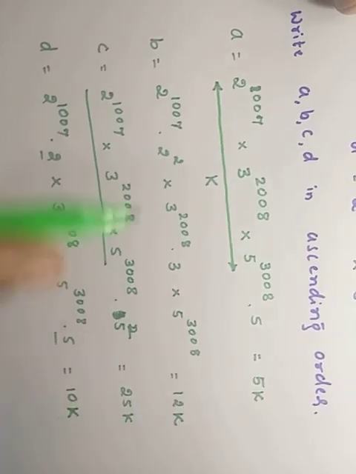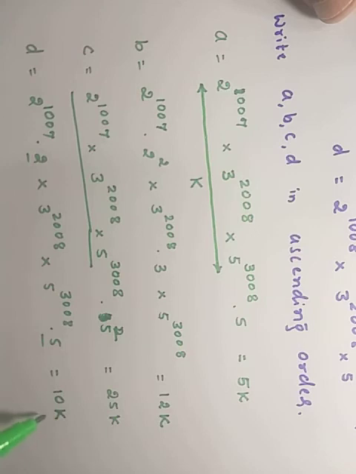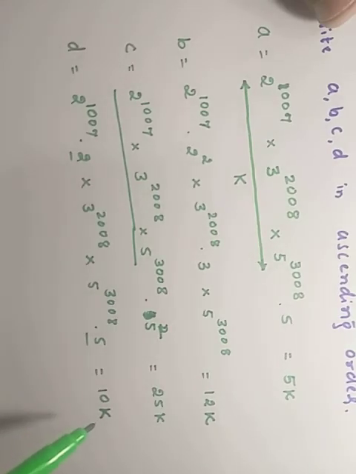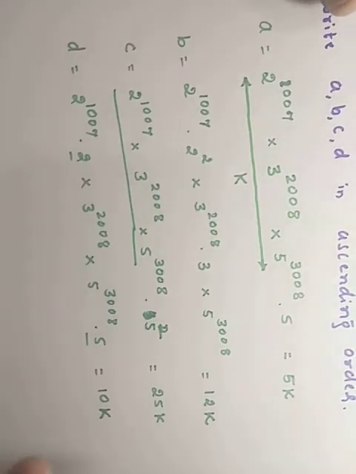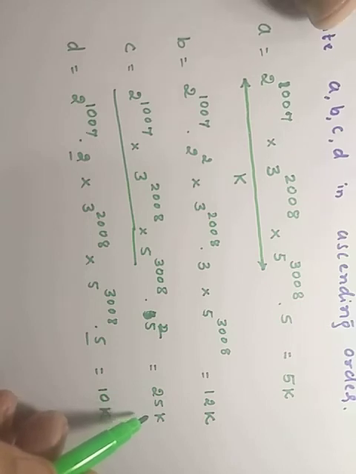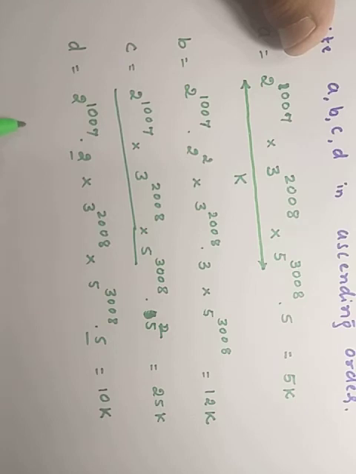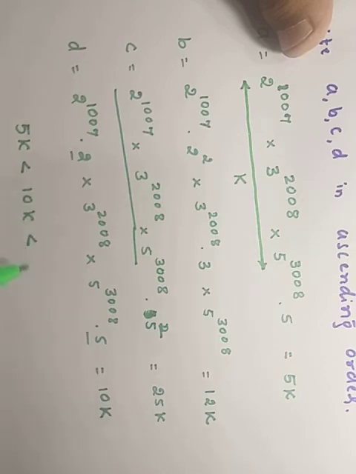Now, the values A, B, C, D are converted into 5K, 12K, 25K and 10K. Now, we want ascending order, therefore the least one is 5K and then is 10K and then is 12K and then is 25K. Therefore, we go on writing 5K is less than 10K and 10K is less than 12K and 12K is less than 25K.